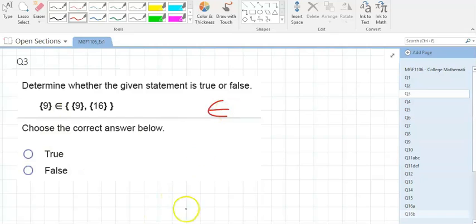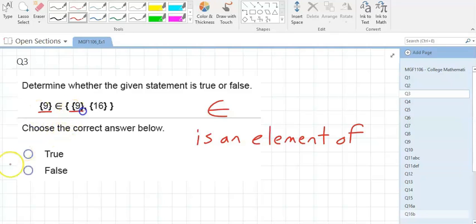This little E means is an element of. So is the set 9 an element in the set after it? And absolutely, look right here. Set 9, set 9. It matches. So this element is in the set, which means that this is a true answer.